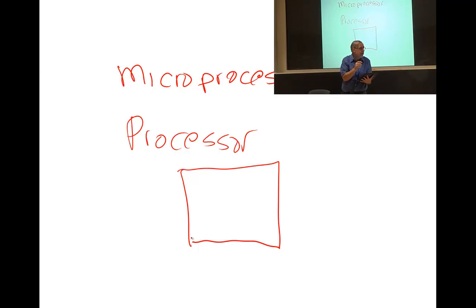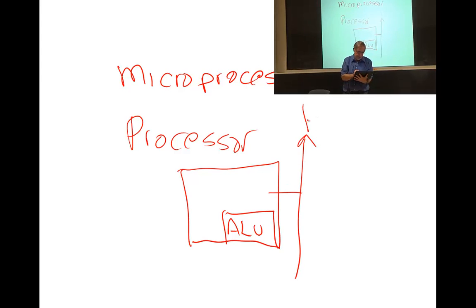The ALU, yeah, sure. The arithmetic logic unit is the thing that does the adds and subtracts and multiplies, divides, the shifts, the ORs and ANDs. What else? The bus. Okay, actually, I'm going to draw the bus outside the processor. Registers. Registers, sure.